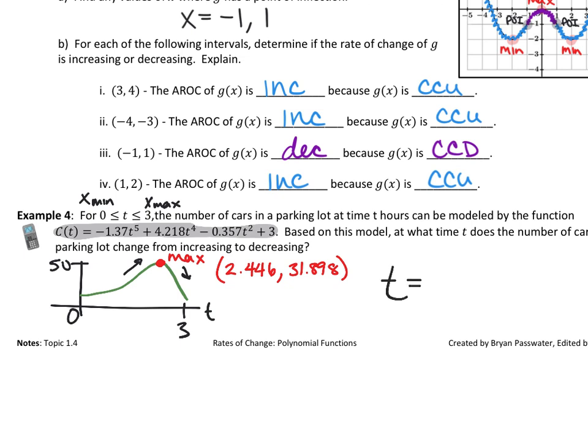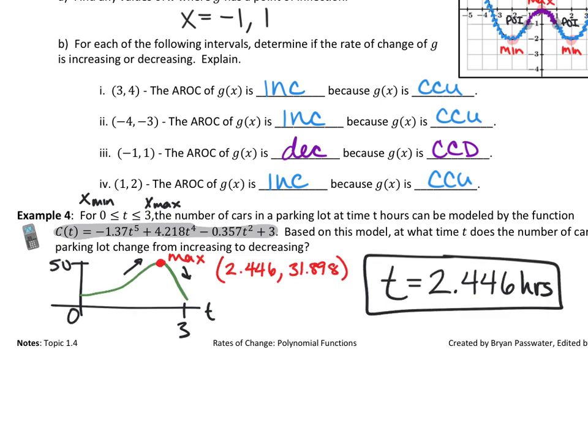Which one of those is representing time? 2.446 hours. The reason I know that is because time is along my x-axis, so the x-coordinate is actually a t-coordinate. This would be t and c of t, since we're using time and cars per time.